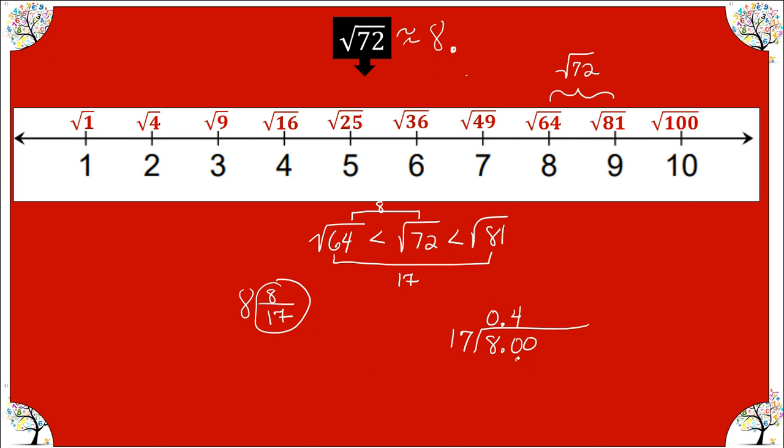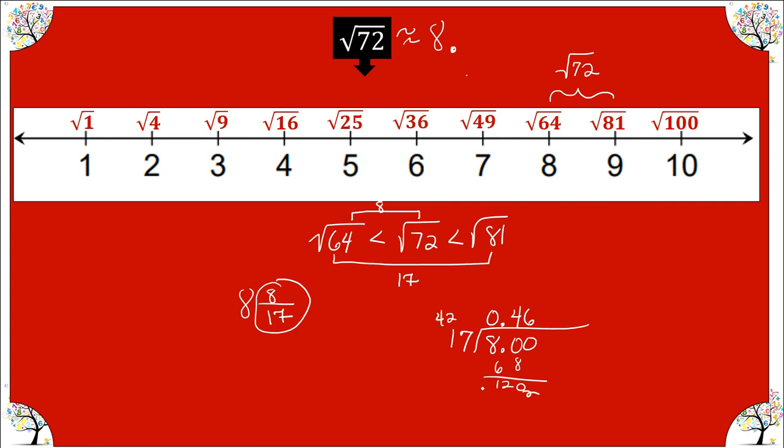So 4 times 7 is 28. 4 times 1 plus 2 is 6. And so when we subtract this, we get 12. So 0.4, and now I'm going to bring down a 0. And now we're going to divide 17 into 120. I'm going to try 6 times. 6 times 7 is 42.